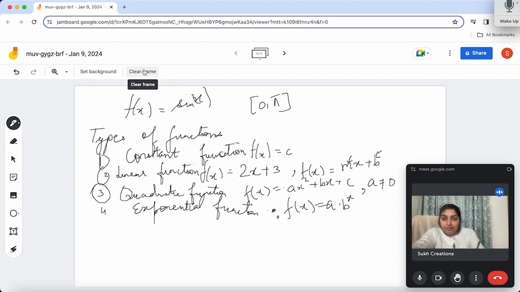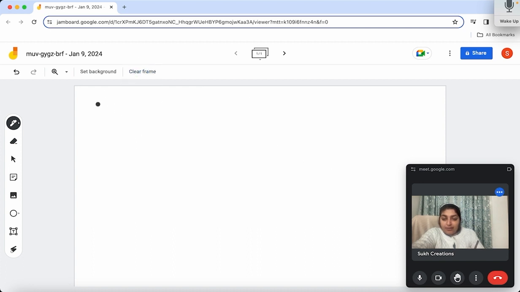Okay, let me just clear this frame. And next is logarithmic function. These are of the form f(x) equal to log base b of x. Now this b is the base of the logarithm, right, and this is our variable again.